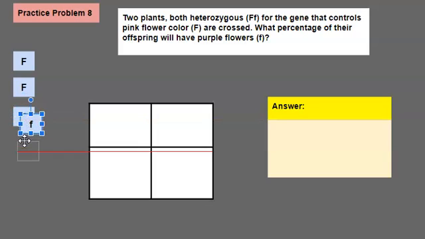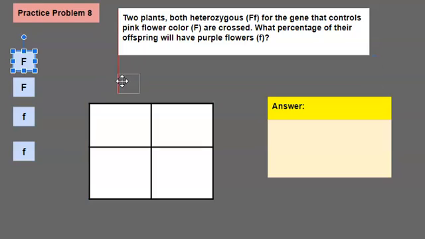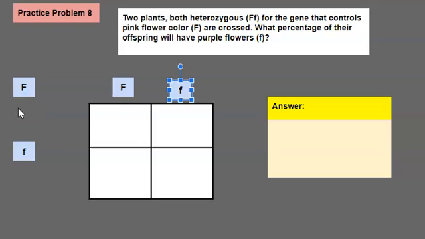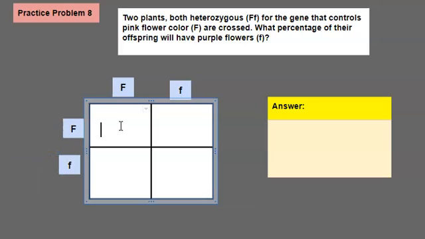So we have 2 heterozygous plants. So that means that each heterozygous plant is big F, little f. So I'm going to put a big F and a little f on each side of my Punnett square. And then when I bring my alleles down, so I'll bring my big F down, and then this big F is going to come over.